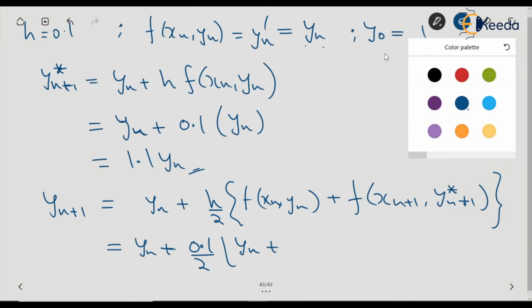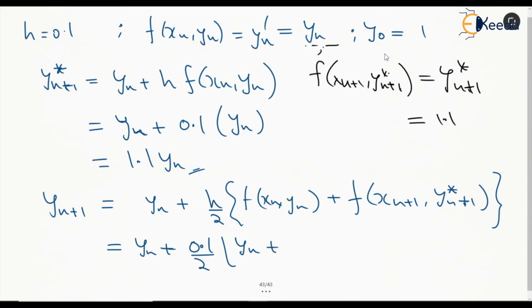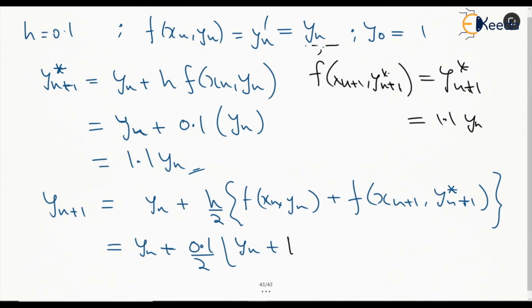So in that case, function at xn plus 1, yn plus 1 star will simply be yn plus 1 star, which is nothing but 1.1 yn.